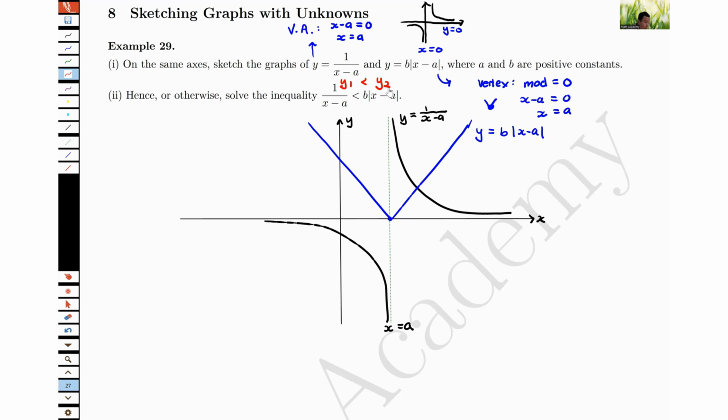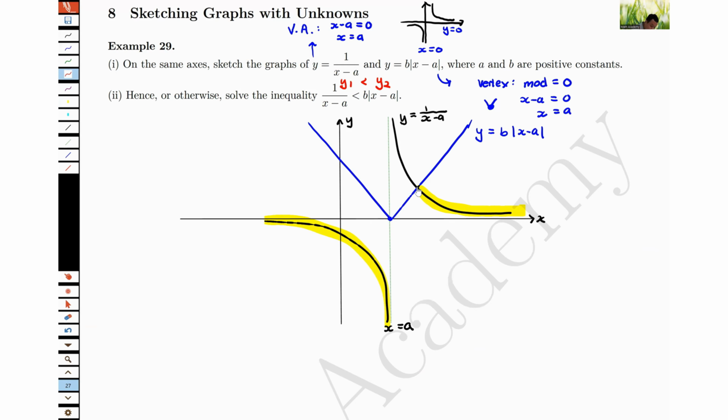When is that occurring? When is your black graph lower than the blue graph? I just highlight on the black graph. On the black graph, this part is lower than the blue graph, and also this particular segment. These two yellow parts of the black graph are lying below the blue colored part.